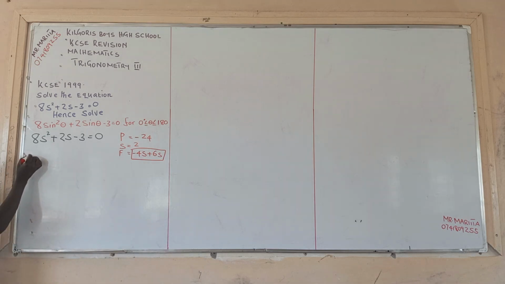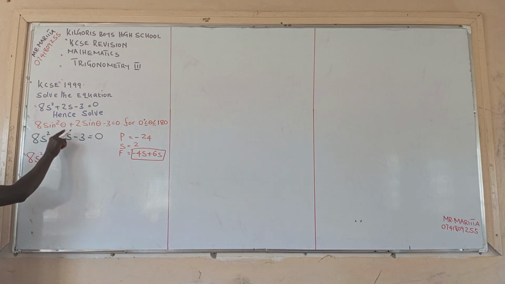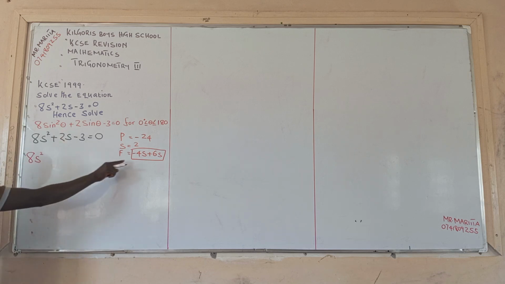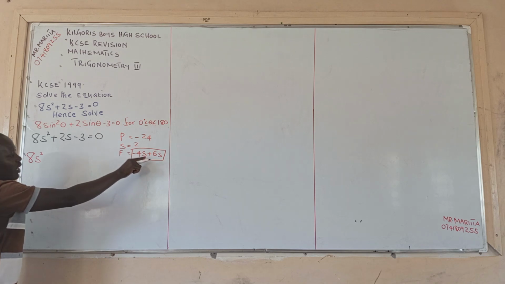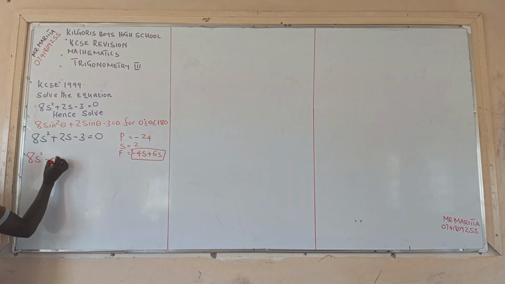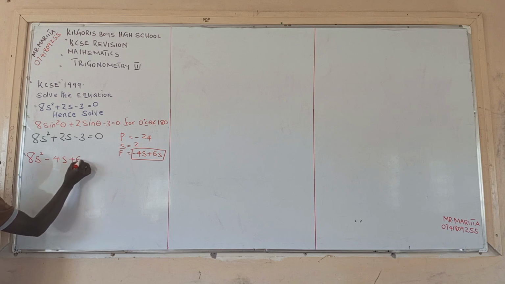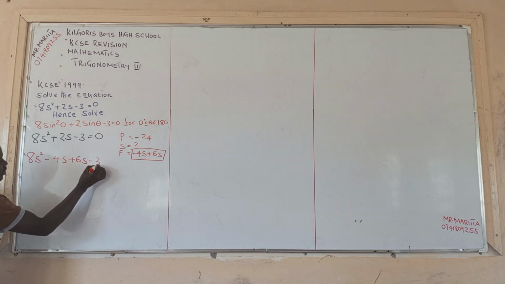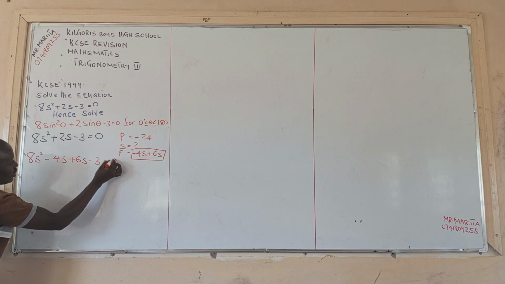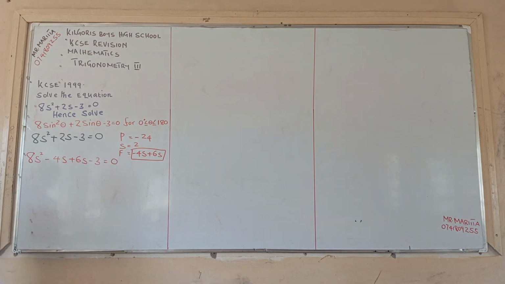So this one can be written as 8s squared. Now, instead of writing 2s, we replace that one by minus 4s plus 6s. So we have minus 4s, then plus 6s minus 3. From here, you can factor out.